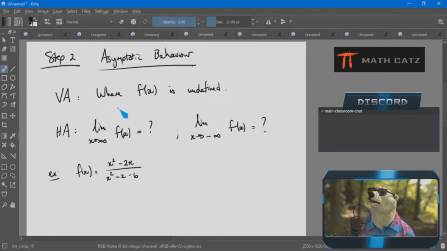Now, we're going to keep things fairly simple. And the vertical asymptotes are mainly going to be, roughly speaking, where the function is undefined. Now, in the case of a rational function, that is going to happen when the denominator equals 0. So, for the most part, I'm mainly looking for situations where I have a fraction and I'm dividing by 0, where the top is not 0 technically.